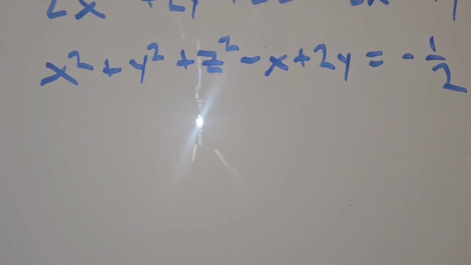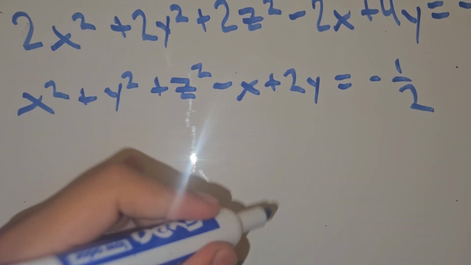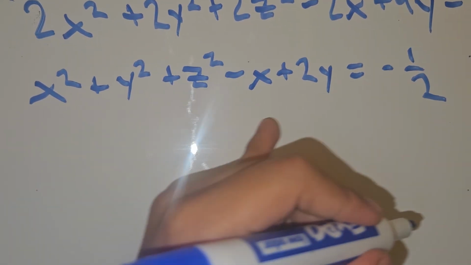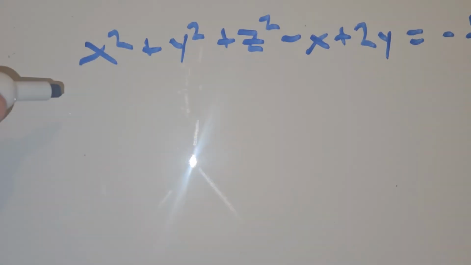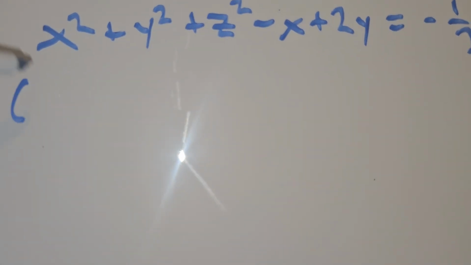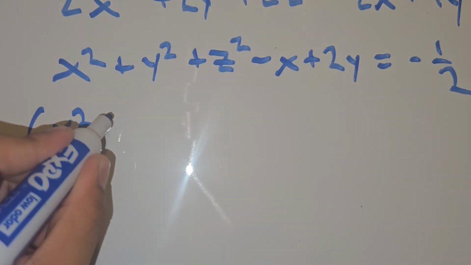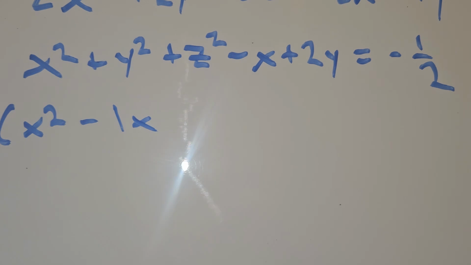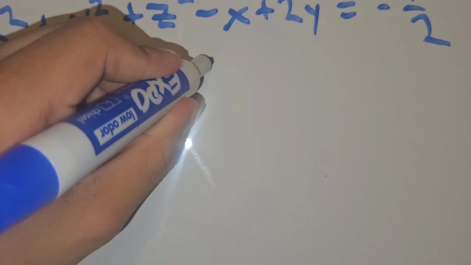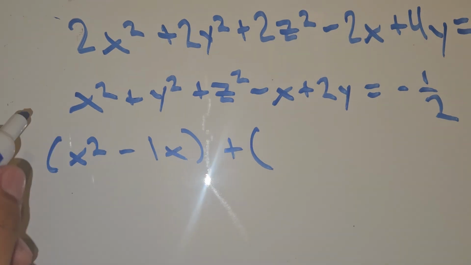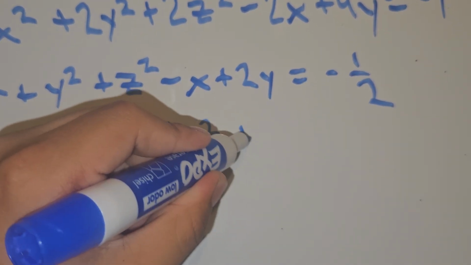All right. So after this, again, we're going to separate the x's with the x's, the z's, and so on. So let's go ahead and do that. Parentheses, x squared. Is there another x here? Yes, there is. There's a minus x. Let's put a 1x just to not confuse ourselves. Plus y squared plus 2y.